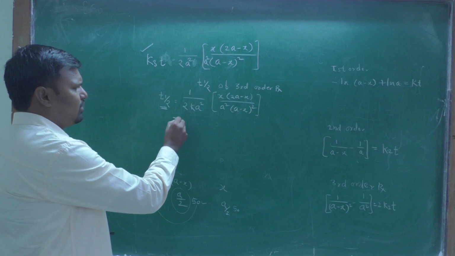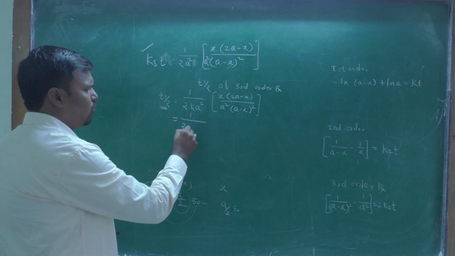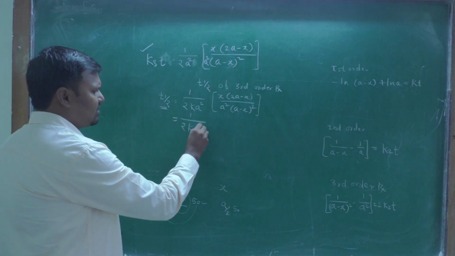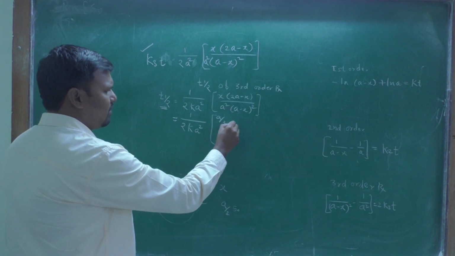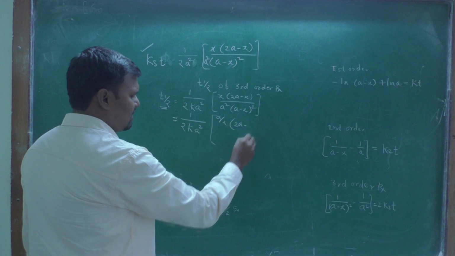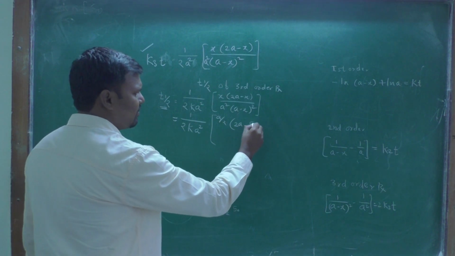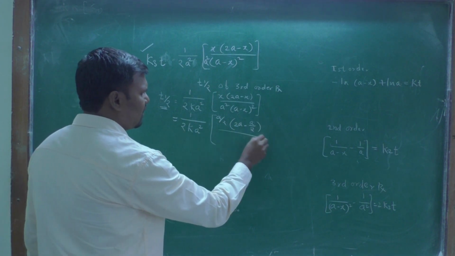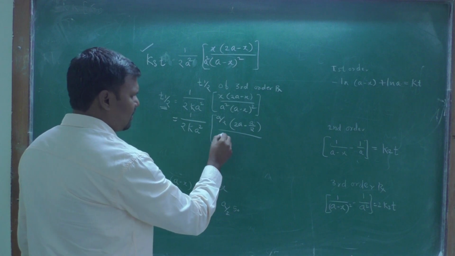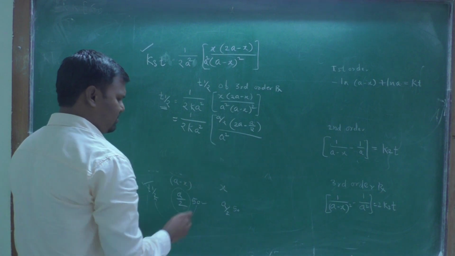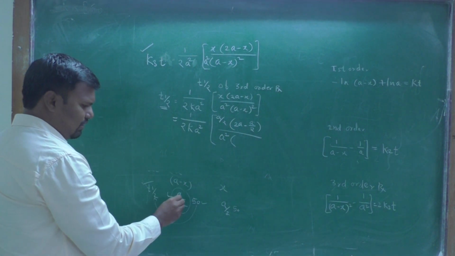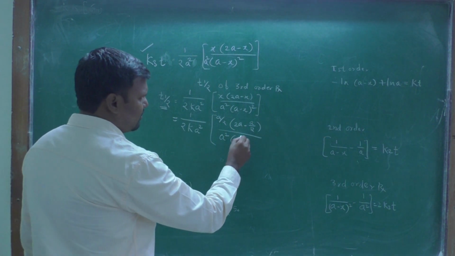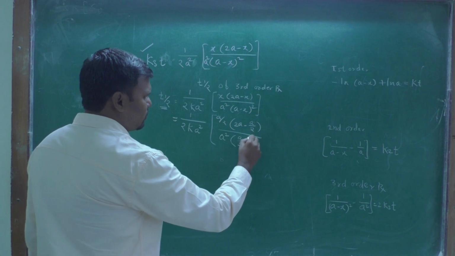Simply putting the values: 1 upon 2k a square as it is, x is a by 2, then 2a as it is minus x, again a by 2, then a square, a as it is, then a minus x, we know that a minus x is a by 2, therefore a by 2 square.